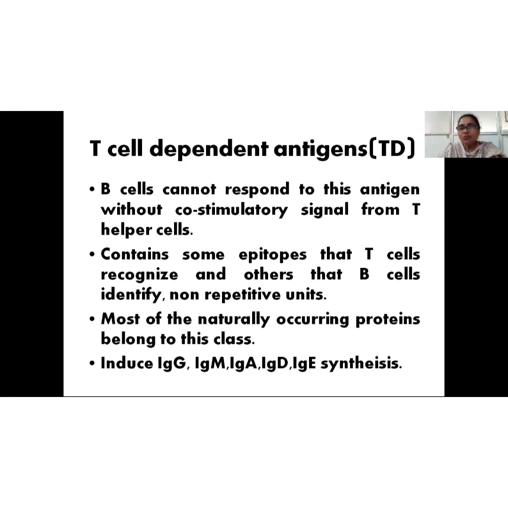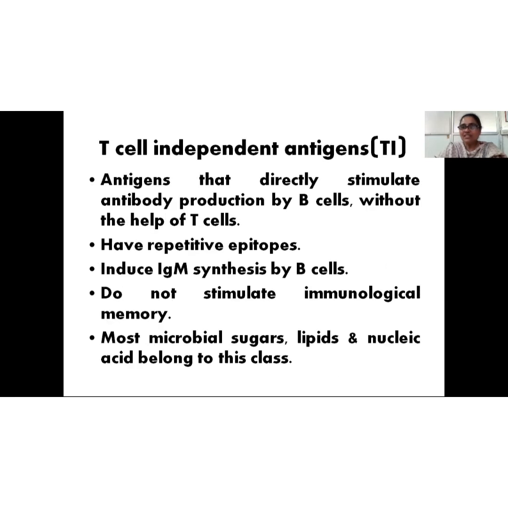What kind of immunoglobulins or antibodies can these T cell dependent antigens trigger? They can induce IgG, IgM, IgA, IgD and IgE synthesis. That means all 5 types of immunoglobulins can be induced by these T cell dependent antigens.